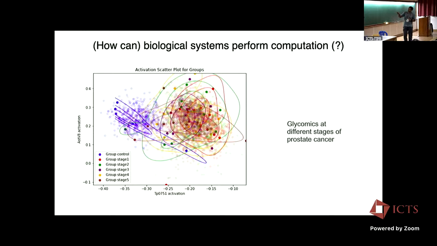Again, you see distributions of this sort for different stages of prostate cancer, and it turns out all of the blue blobs are the no cancer state, and all of these are the states with different stages of cancer. And so if you want to distinguish between the blue and this colored mess over here, it's easy to draw a plane. But if you want to go in and try to understand how you parse out everything that's going on here, that's a tougher problem.